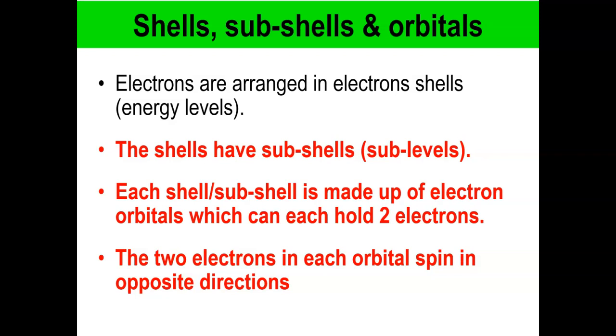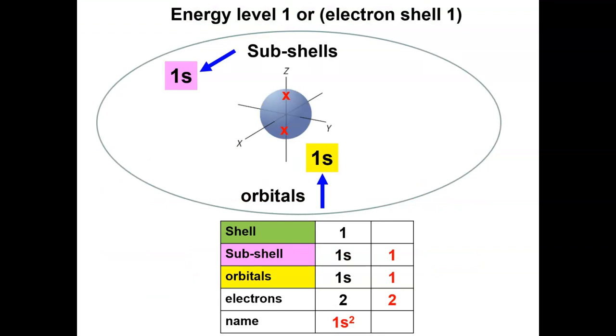So we're going to have a look at the arrangement of electrons and how the subshells, shells, and orbitals are all put together. So first of all, let's look at shell 1. Energy level 1. This is closest to the nucleus, and as you probably would realize, we can only accommodate just the 2 electrons. Well, because it's shell 1, we have our first S subshell and our only orbital, and this will only hold a maximum of 2 oppositely spinning electrons.